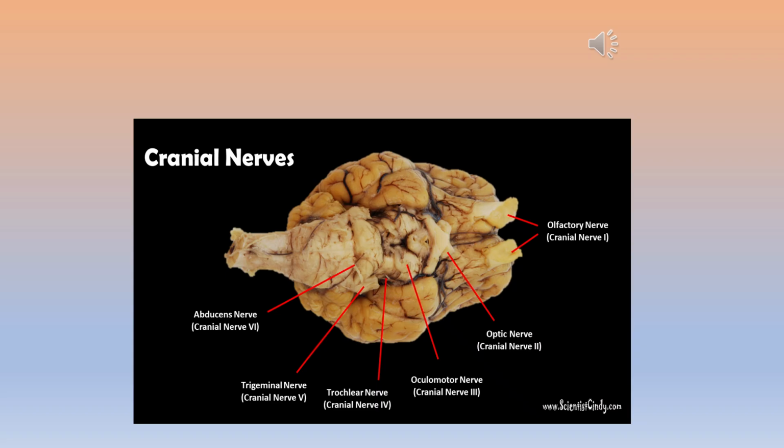Scientific Cindy, I guess, didn't see the need for labeling the remainder. And since we don't have a hands-on lab where I can show you those things, I won't even try. So that'll be all we're going to do for the cranial nerves here. I can promise you it will get more detailed when we study the human brain.